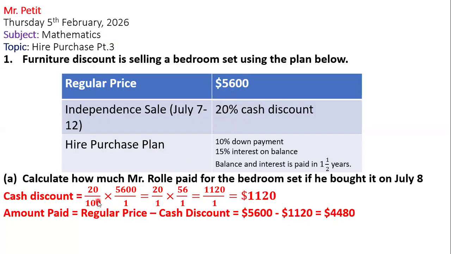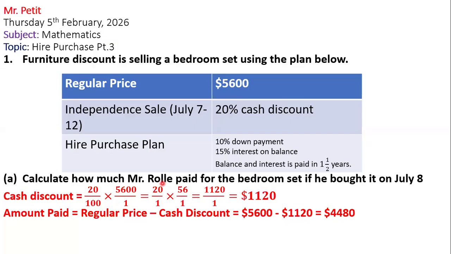We did 20 over 100 multiplied by 5,600. We cancelled out the two zeros on both 5,600 and the 100, which gave us 1 for the 100 and 56 for the 5,600.